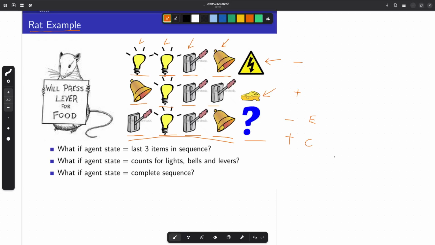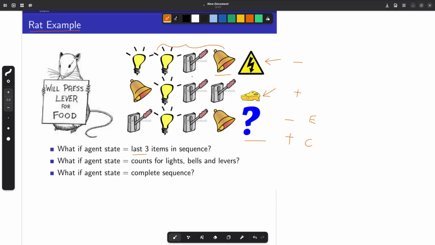So let's see. It really depends on what you choose as your state. Let's say that you choose the last three items in your history as your state. In the first observation, if we look at the last three items in the list, you see a light bulb, you see a lever being pulled, and you see a bell.